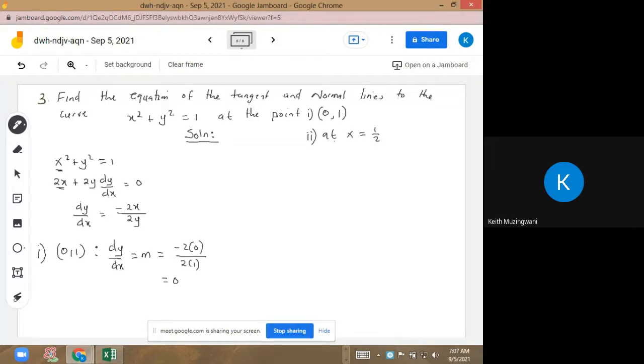So your line is going to be y is equal to c. Even if we put mx plus c, m is 0, so you have y is equal to 0x plus c, which is just y is equal to c. So at that point, y is equal to 1.